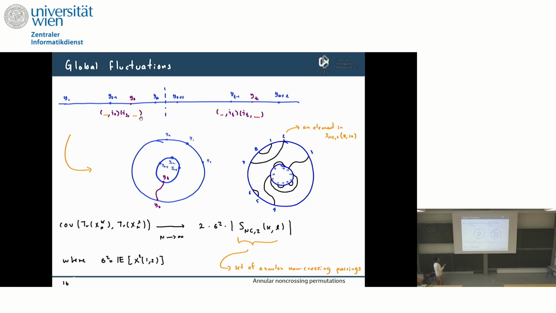And that gives you a recursion relation that at the end leads you to non-crossing annular permutations. In this case, it only counts pairings. These two, because I assumed my matrix was real, come from this symmetry. If you assume complex, then you remove these two. This sigma is just the variance of one entry.